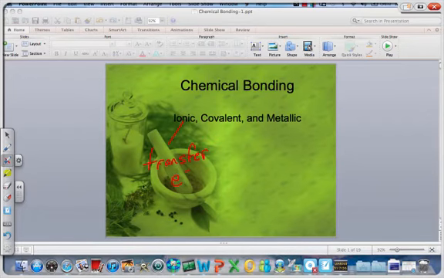So this is when you have an electron configuration and one atom needs to gain electrons to become stable, and then the other one needs to lose electrons to become stable. So there's a transfer of electrons to make both of the atoms stable. And covalent, they come together and they share the electrons. And then metallic is a little bit different. You probably haven't studied that before, but we're going to talk about that too.